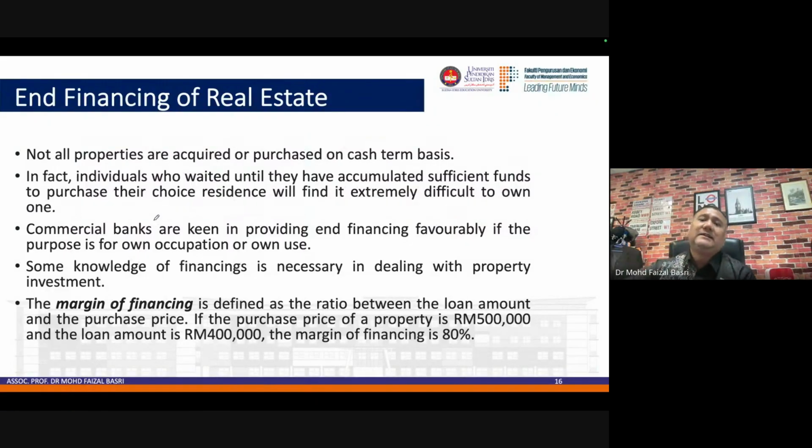Unless when we talk about government ataupun public servants. So public servant dia ada body yang handle untuk end financing of properties juga. Dia ada panggil apa? LPPSA. Nanti you Google lah. LPPSA. So this is for government. Okay, function ni sama. Give access of financing to the people untuk beli rumah.